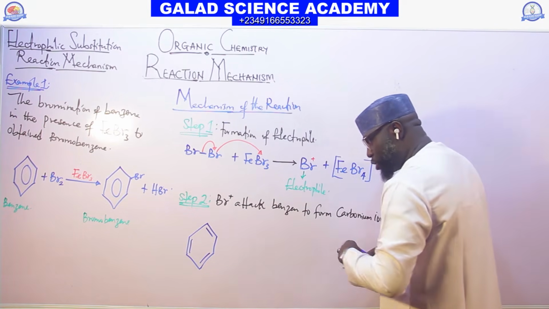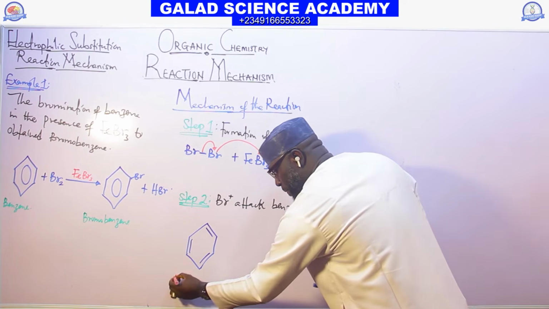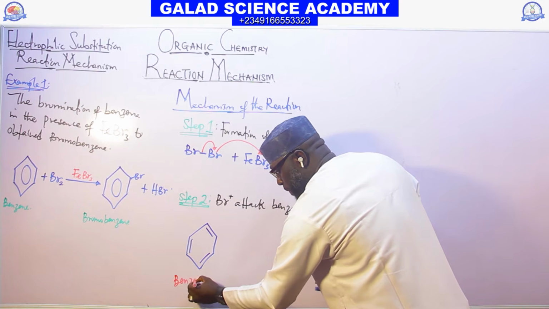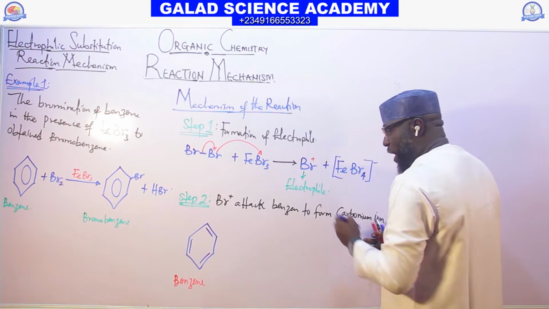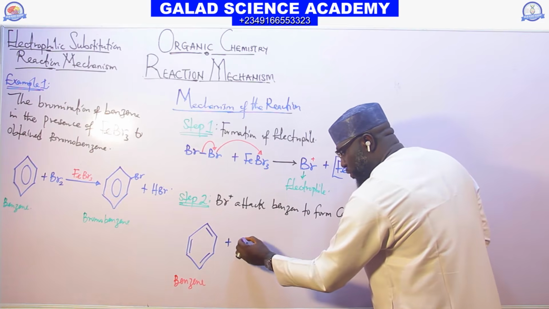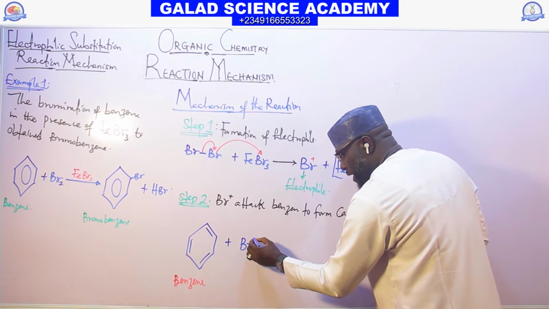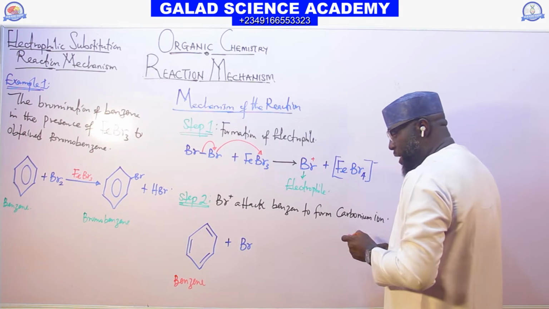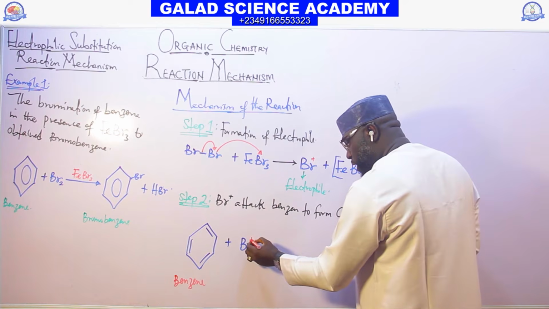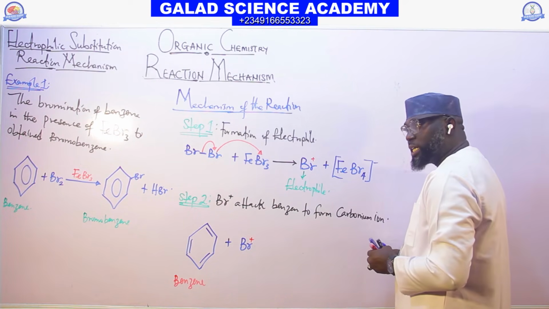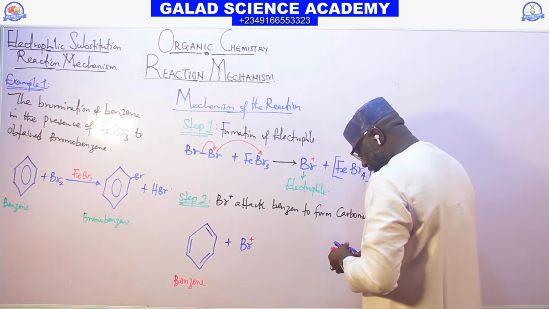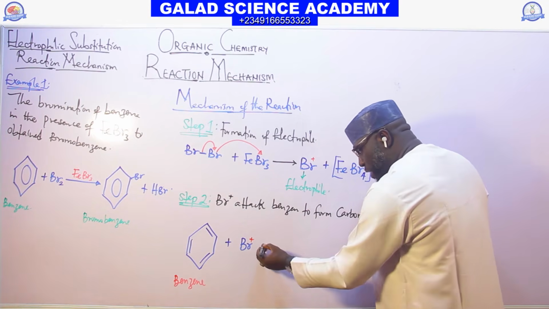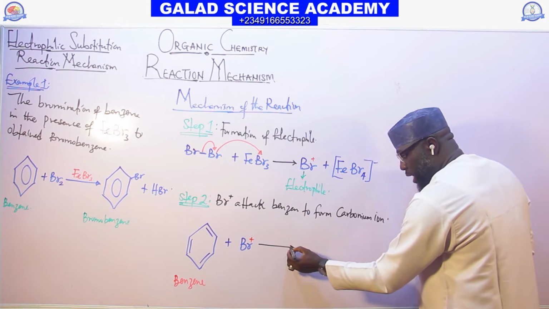And this is the electrophile that is formed, Br, and the Br is positive. Since Br is positive, here we have a product coming on.